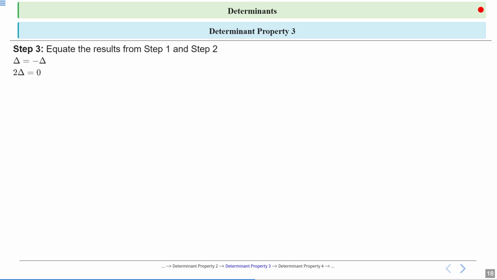So the determinant is 0. Okay, so that is your property 3. It says that whenever we calculate a determinant in which two rows or columns are identical, that is all the corresponding elements are the same, then the determinant value is 0.